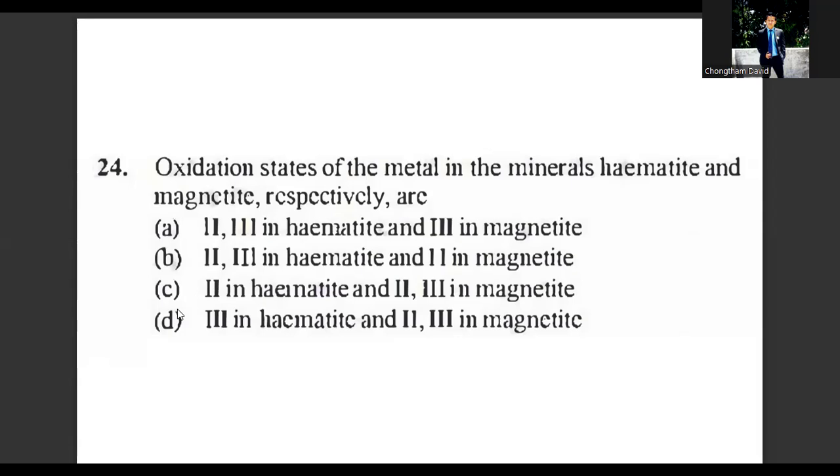Hematite is actually ferric oxide in which iron is in +3 oxidation state. Magnetite is an equimolar mixture of ferrous oxide and ferric oxide, so the oxidation states are in two different forms. So the answer to question 24 would be 3 in hematite and 2, 3 in magnetite.